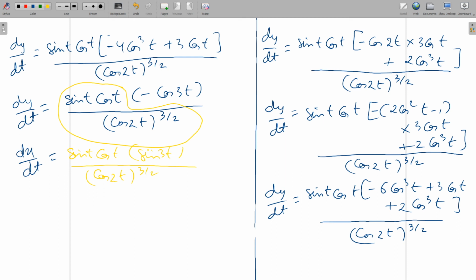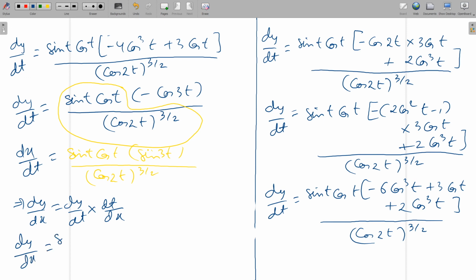So now to find dy by dx we will have to use the chain rule. So dy by dx is equal to dy by dt into dt by dx. What is our dy by dt here?